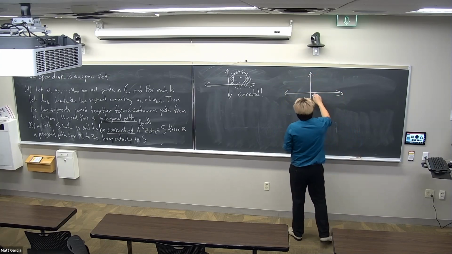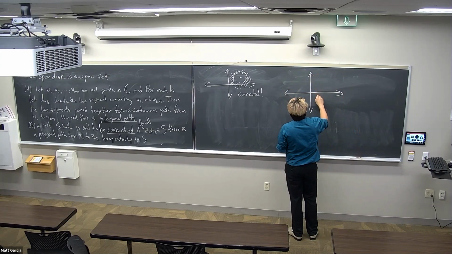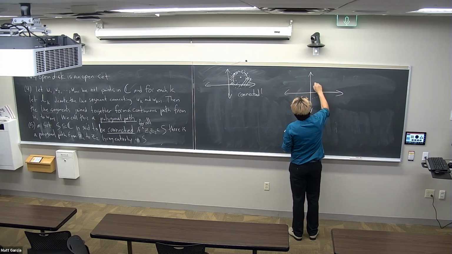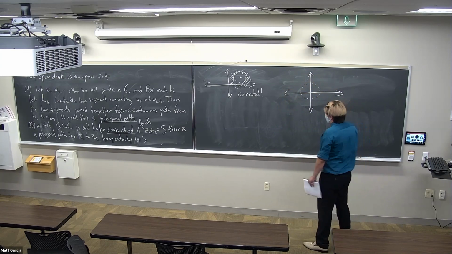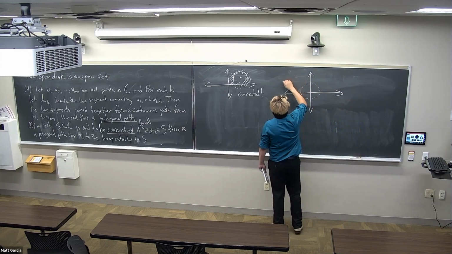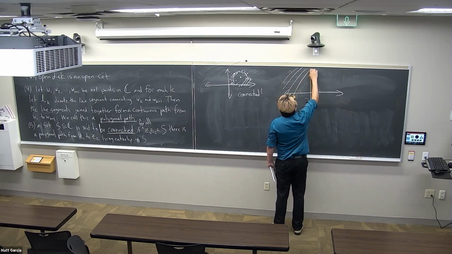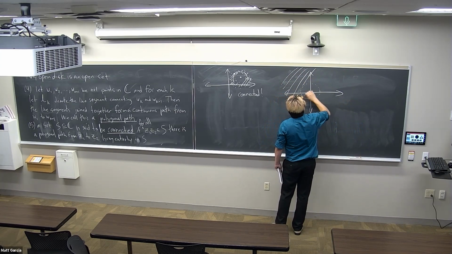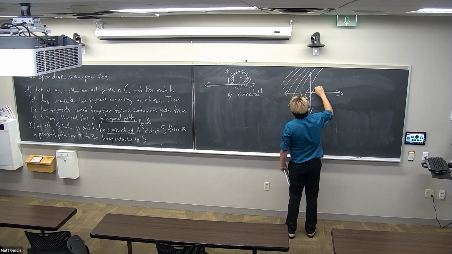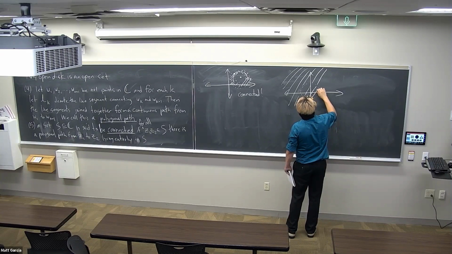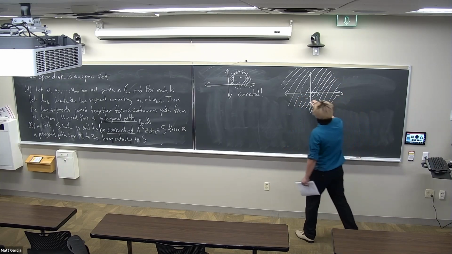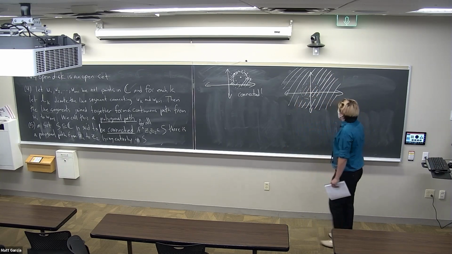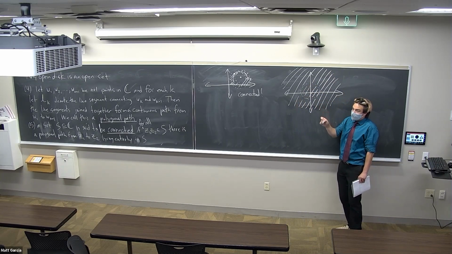So let's just take a circle around the origin and let me specify the set of all points in the plane except for this circle.